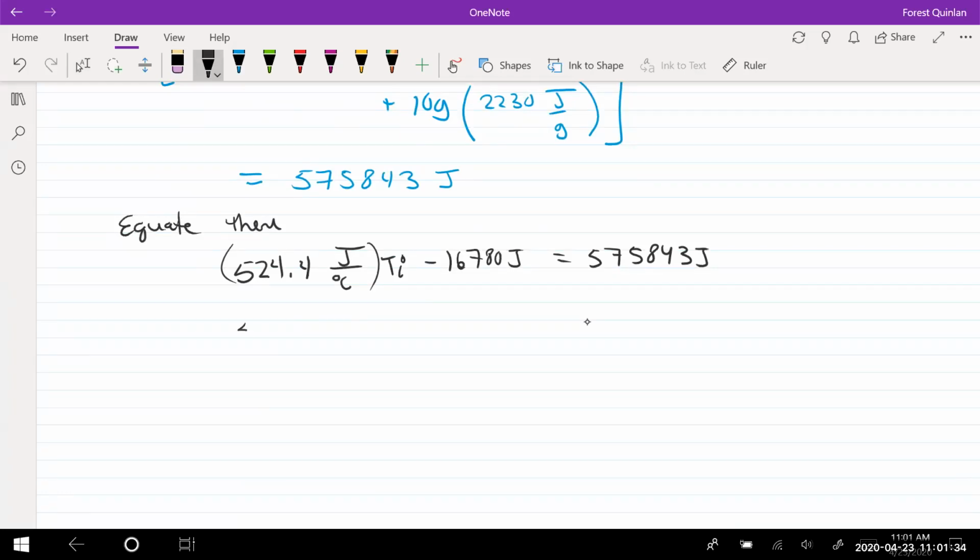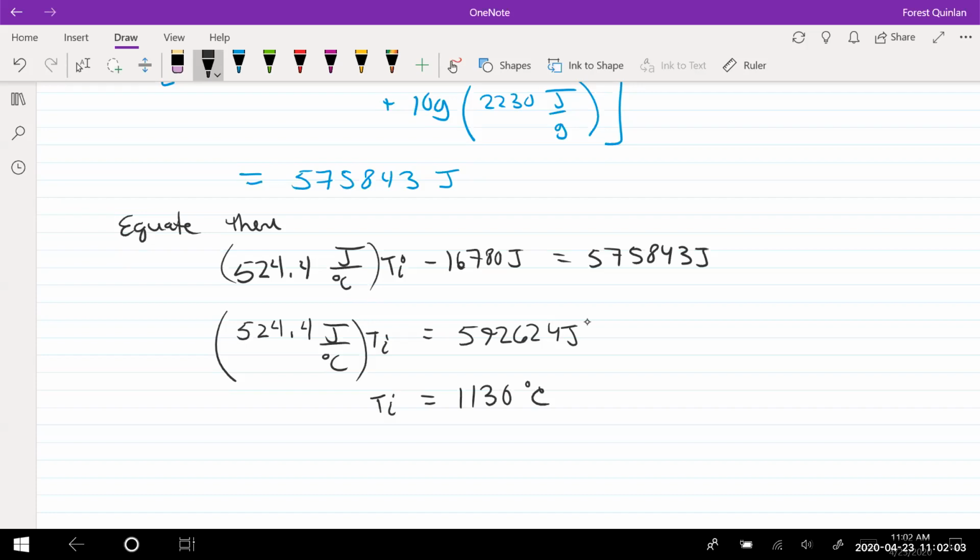So if we just did that one more time, it's 524.4 joules per degree Celsius times the initial temperature. And do we have a number for pulling those joules over? 592,624. Okay, so what is my initial temperature then? 1130.099. So 1130 degrees Celsius.